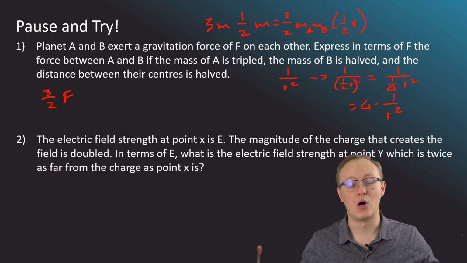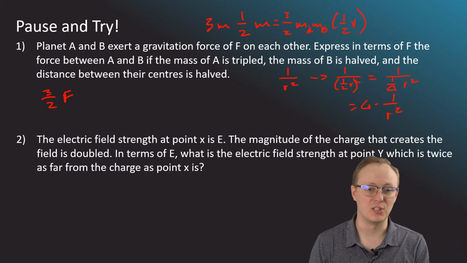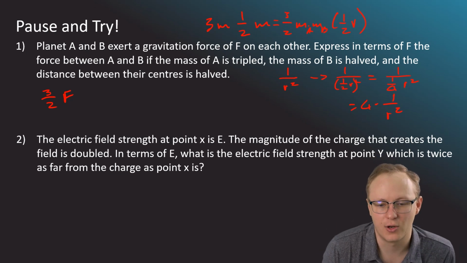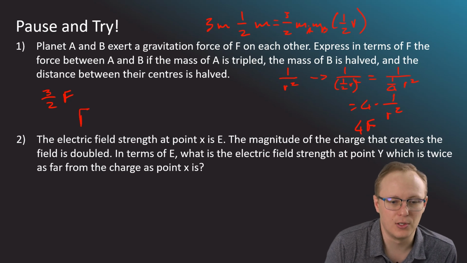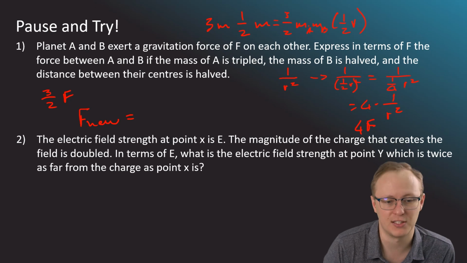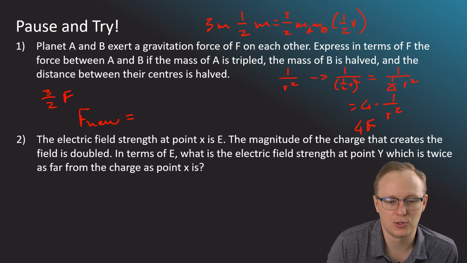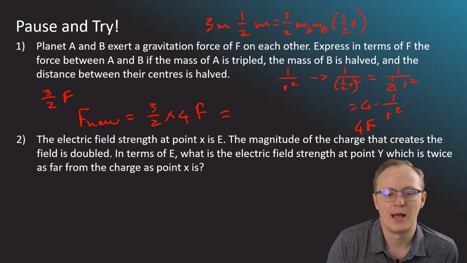So halving the distance between these two planets is going to increase the force by a factor of 4. And so to find the new force, we simply have to combine the two effects, changing the mass and changing the radius. So 3 over 2 times 4 times F, and that should then be 6F.